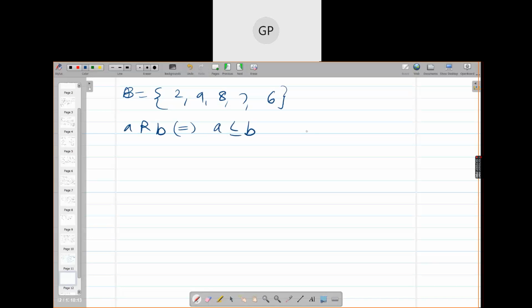Then the Hasse diagram will look like what? 2 will be at the bottom. Then I will have 6. Then 7. Then 8. And then 9. So this is a chain. I told you that this is always a totally ordered set when the poset has the usual less than or equal relation. Then it is always a totally ordered set because any two elements are always comparable there.